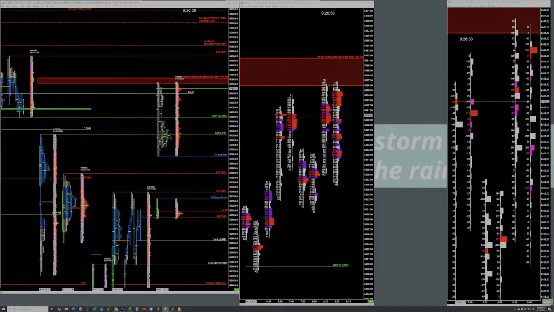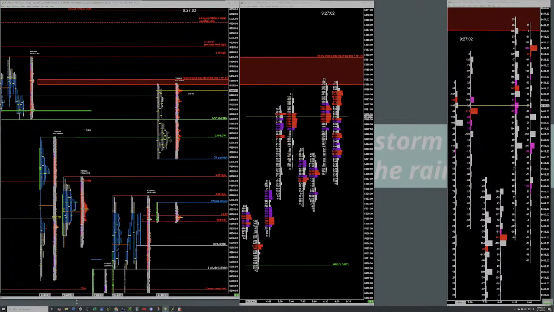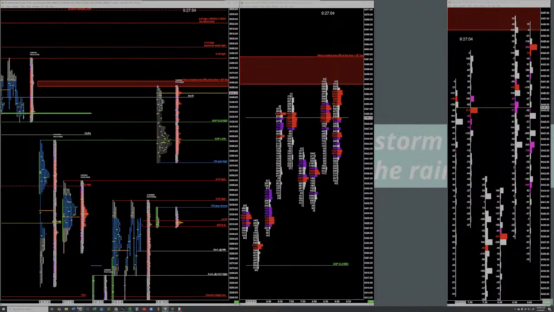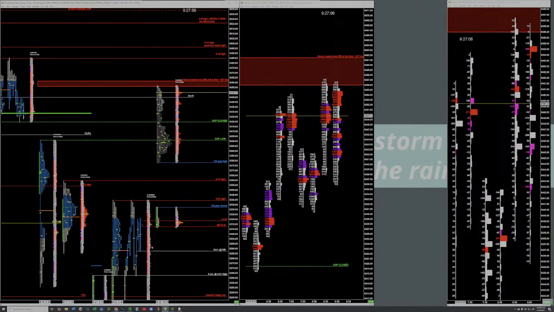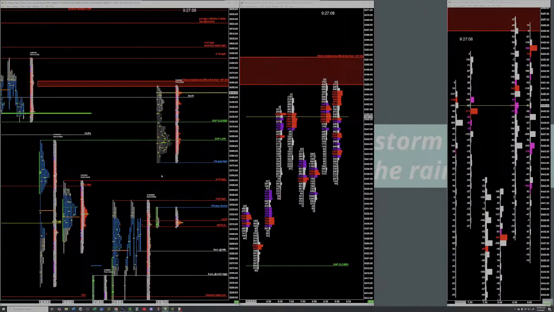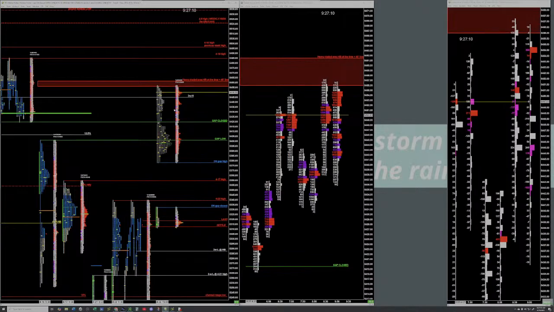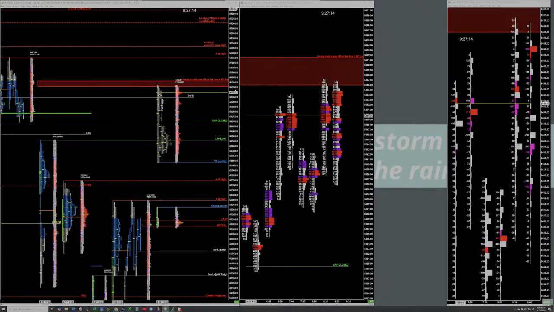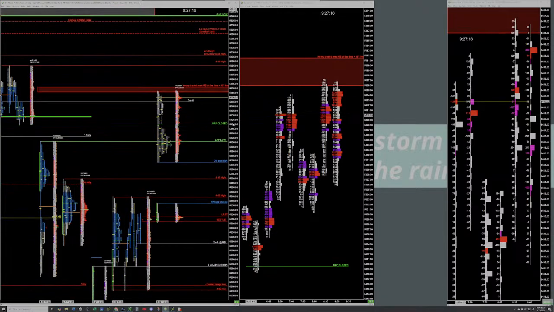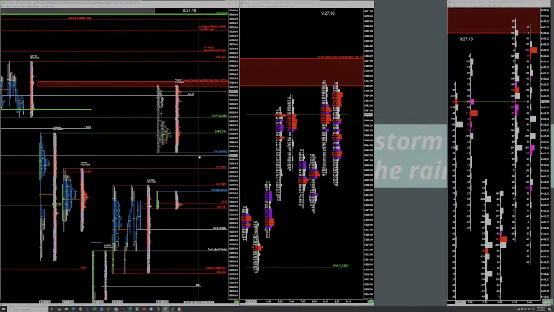It can go long distances. Man, it can go long distances. And remember, being in this kind of environment, this is a huge opening gap that we are going to have. There's a tremendous amount of profits to be taken here.